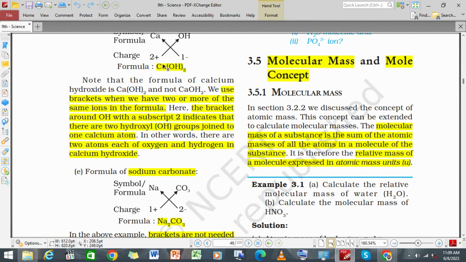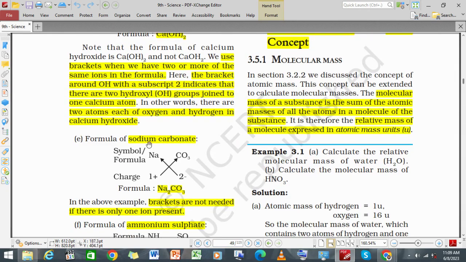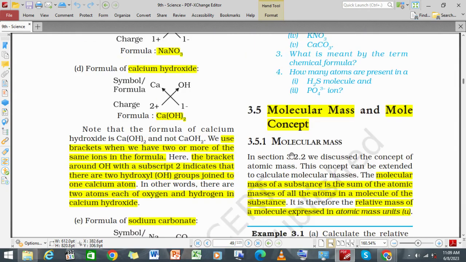With Ca, two OH groups have been combined. So we cannot write CaOH. In order to write it correctly, we write Ca(OH) with a 2 in the subscript. Now, the same has been given.